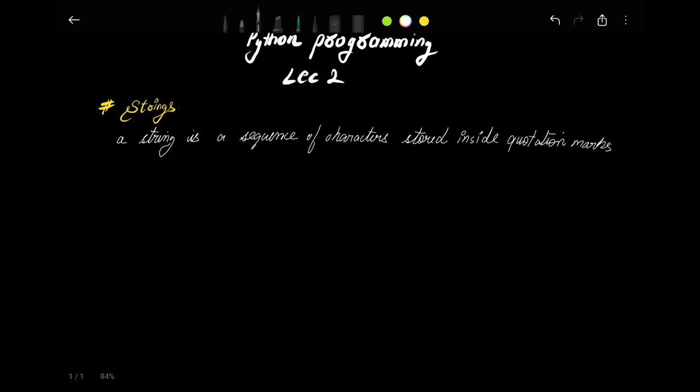Don't let the words sequence of characters sound complicated. Let's break them down. A character means a letter, number, symbol or even a space. When multiple characters are placed one after another, they form a string. For example, A is a single character.